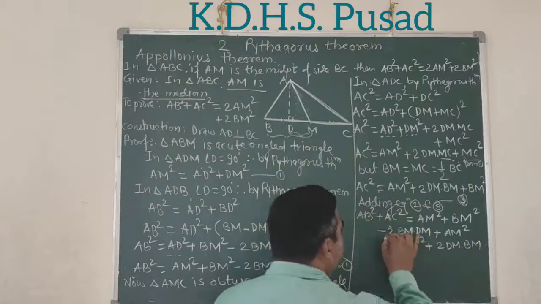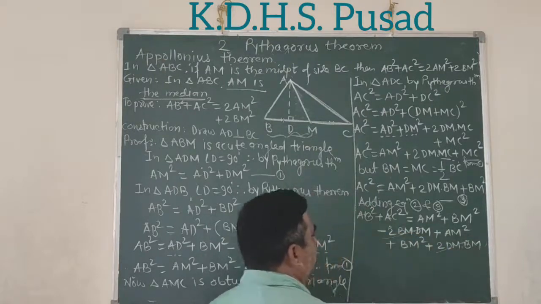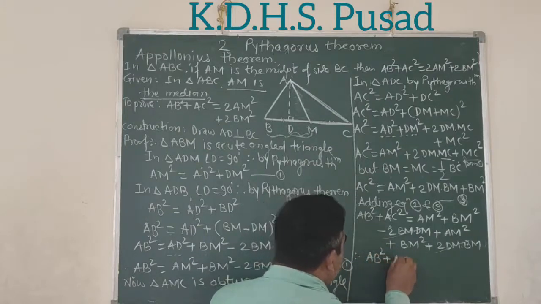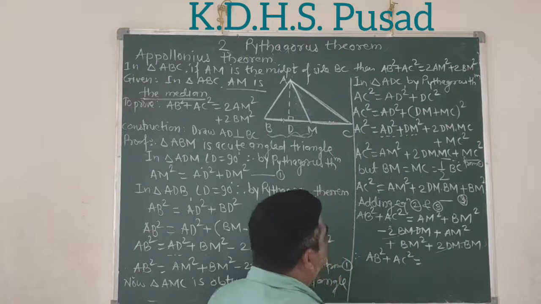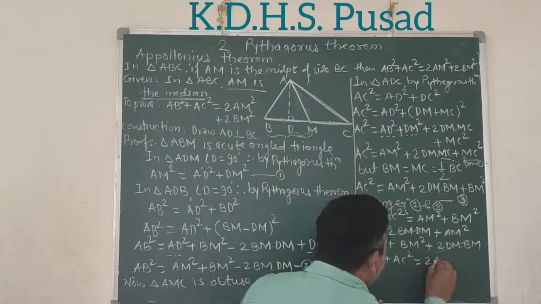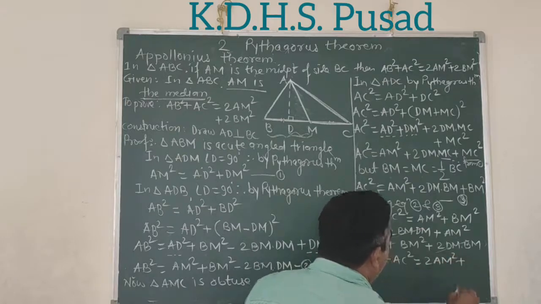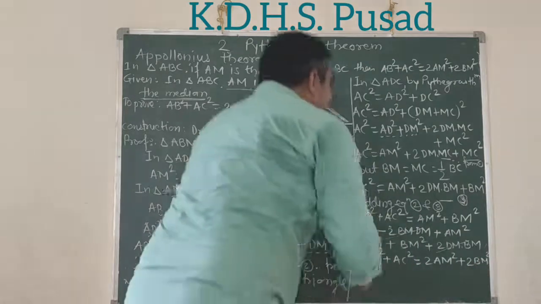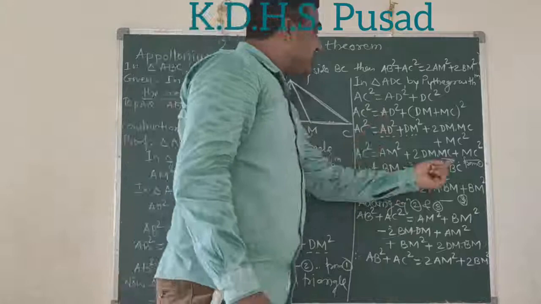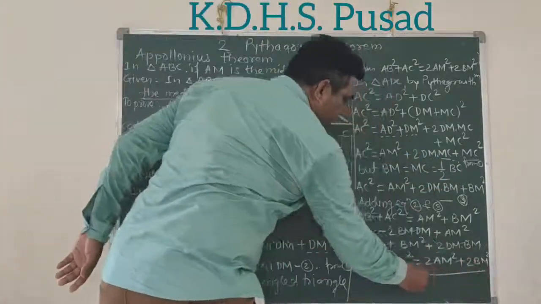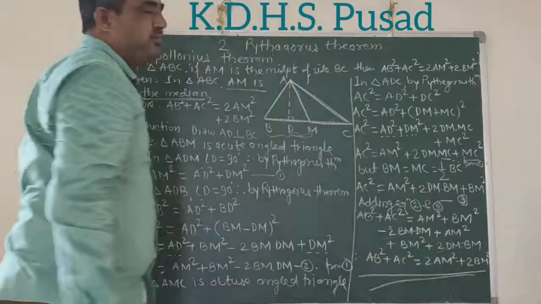These two portions get cancelled, so there remains AB square plus AC square equal to AM square plus AM square, that is twice AM square, plus BM square plus BM square, twice BM square. Instead of BM we can use MC, sometimes half of BC also. So that is the required proof. That is your Apollonius theorem.